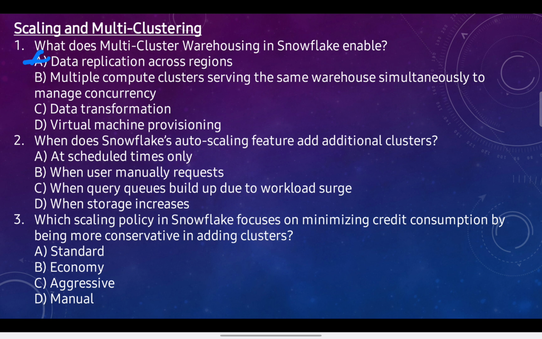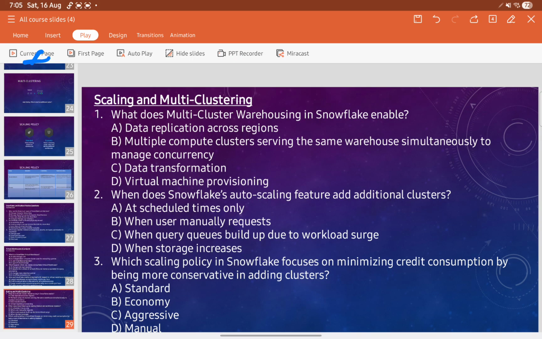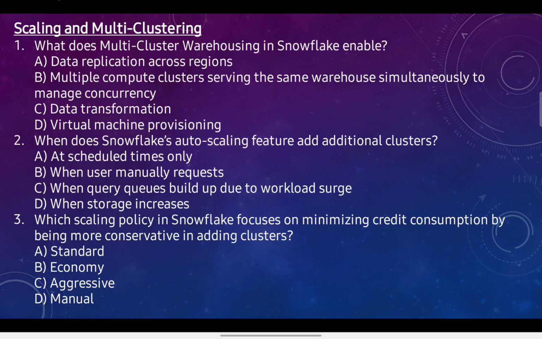Multiple compute clusters serving the same warehouse simultaneously to manage concurrency, that is the right one. So the second option is the right option. Data transformation is not the right answer, and virtual machine provisioning is also not the right answer.